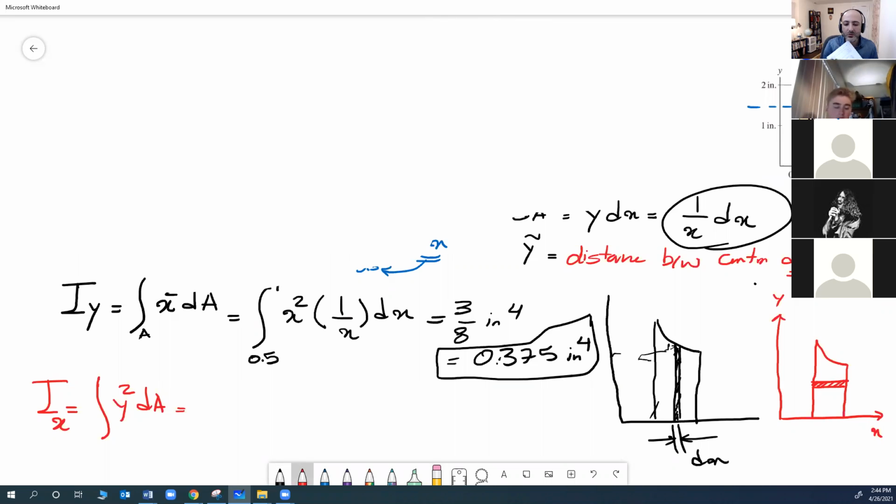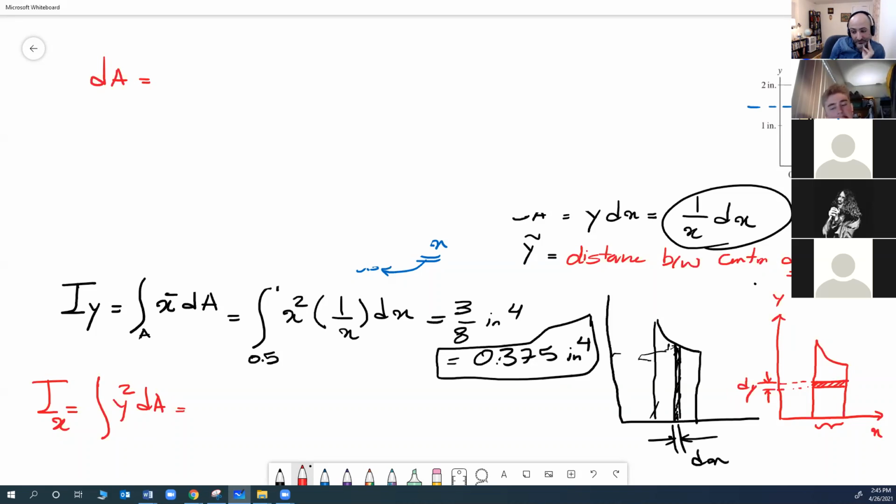Okay, so let's do dA. dA is going to be what? What is my dA? It's a good question for you guys. This is dy. What about this length? What is this length? This is a very good question for you guys.